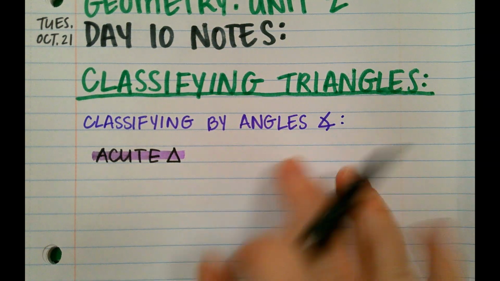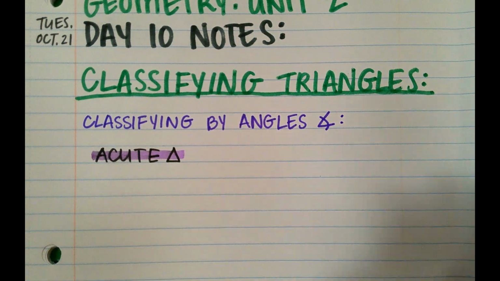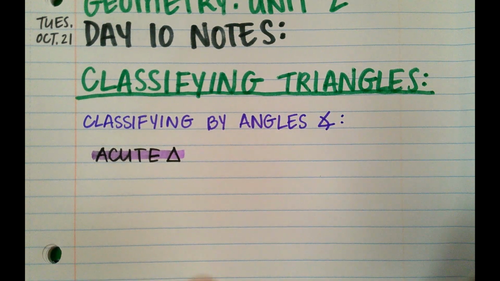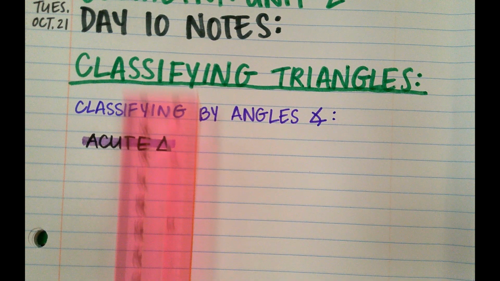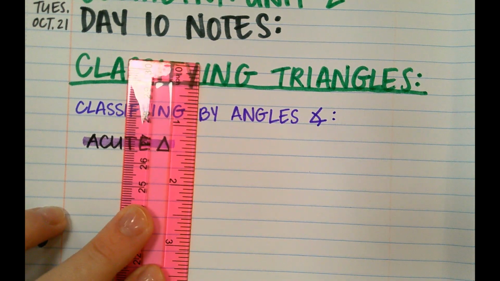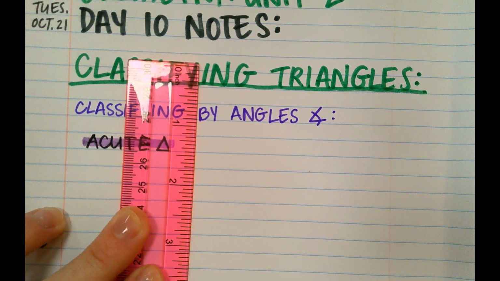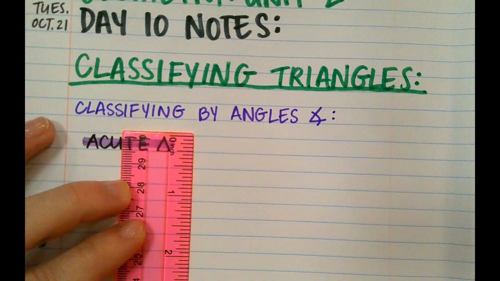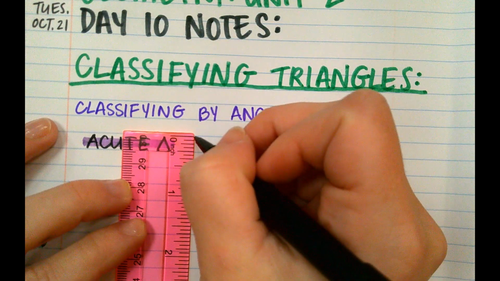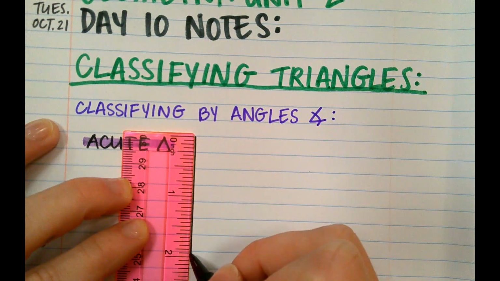And give yourself space to put 3 different types. So what I actually may do here is give myself 3 little sections. So acute, and then I'll draw a line about 2 inches long-ish, maybe 2 1/4.